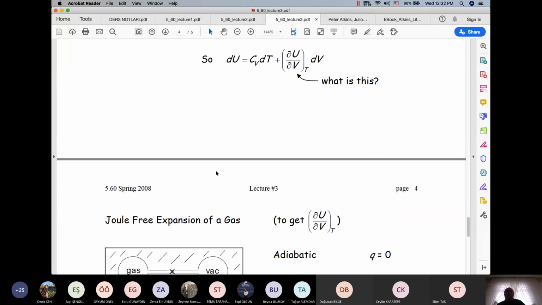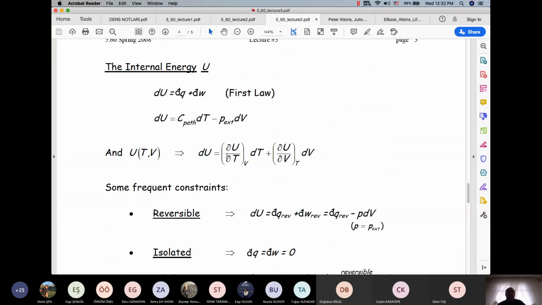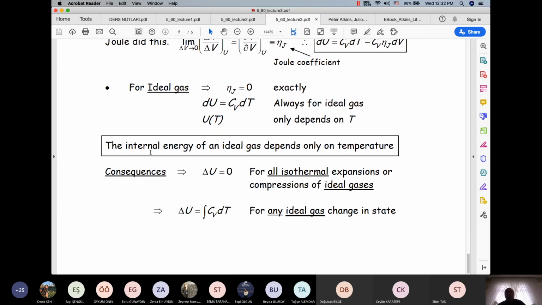Temperature'ın ve volümün bir fonksiyonu olarak yazmıştım değil mi? Halbuki Joule'un deneyiyle biz bunun volüme bağlı olmadığını gördük. Dolayısıyla enerji sadece temperature'a bağlı ve CV çarpı DT ile veriliyor ideal gazlarda. Herhangi bir sistemin ideal gazlar için toplam enerjisi sadece sıcaklığın fonksiyonudur arkadaşlar. Bu çok önemli bir sonuç.